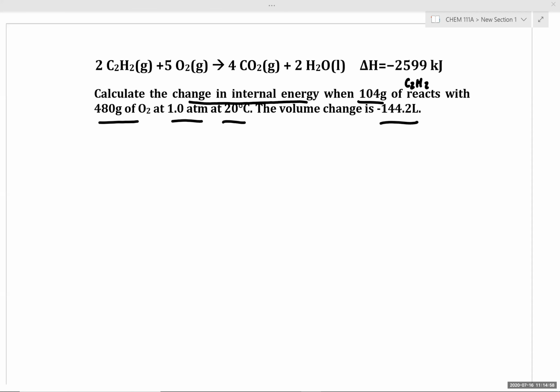So the change in internal energy, I'm asking for the delta E, which, as we remember from our previous discussions, is heat plus work. So you'll need to calculate the heat of reaction and the work associated with this chemical reaction.